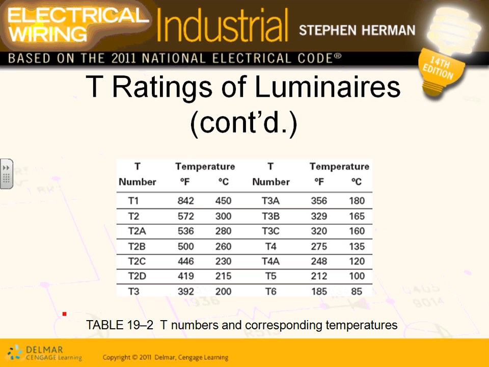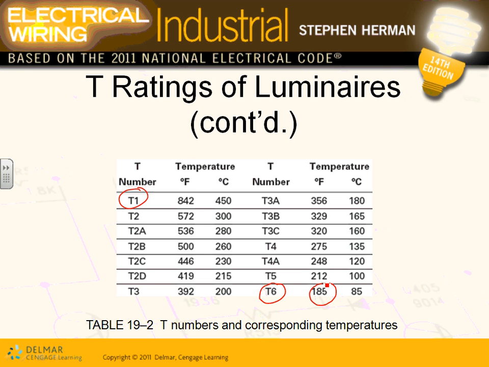Chris, here's how they do them. Here's an example of all the temperature ratings. They start from T1 and go into T6. You can see the temperature rating for T6 is, let's do Fahrenheit, 185, meaning the hottest spot on this light cannot exceed 185. So if the igniting temperature is higher than 185, then this fixture is okay for this location.